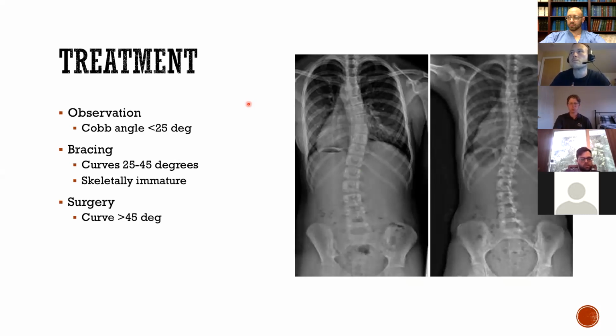And so if you're following them once a year, they might be past that threshold of having a very severe curve, okay? And in general, curves between 25 and 45 degrees are treated with bracing, and these are skeletally immature patients. And generally, curves that are greater than 45 degrees are treated with surgery, okay?